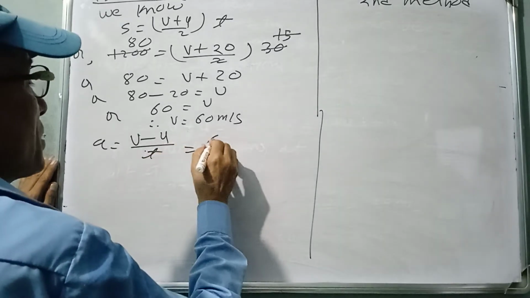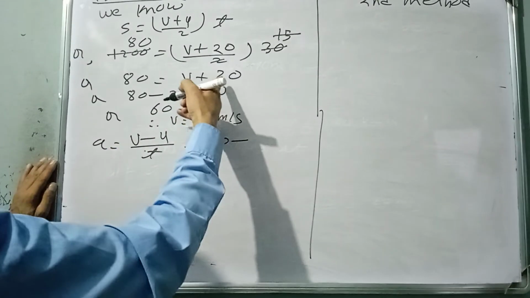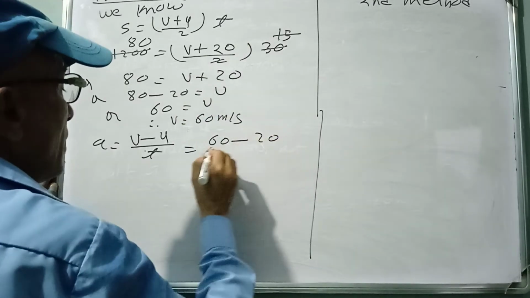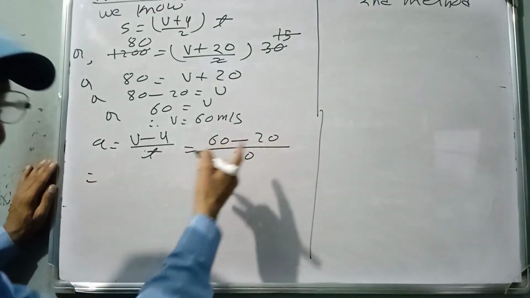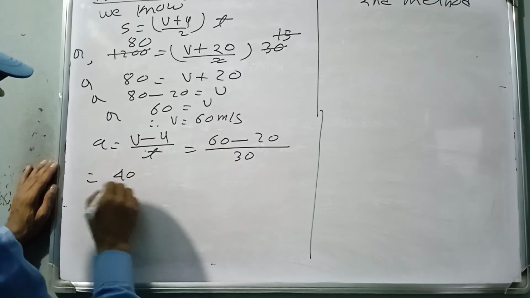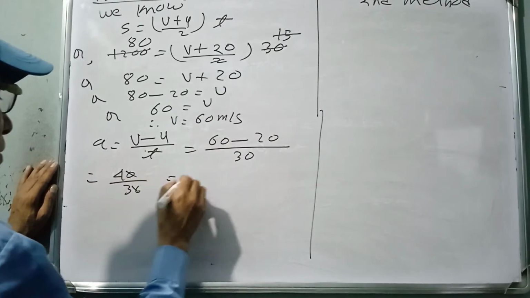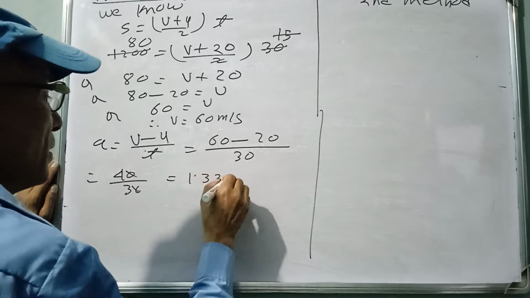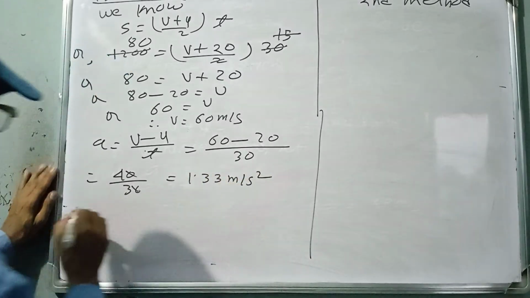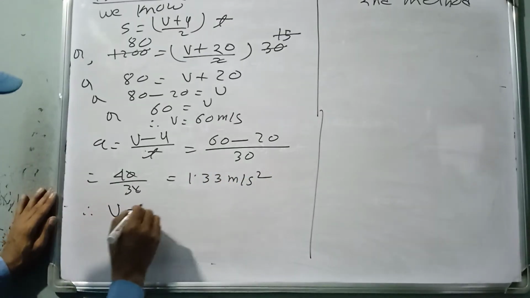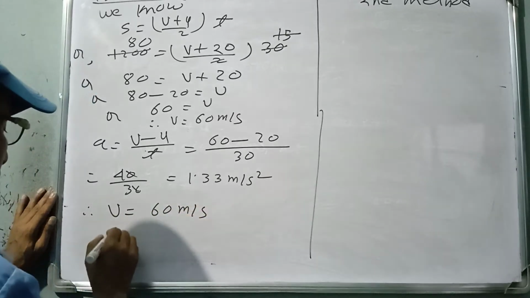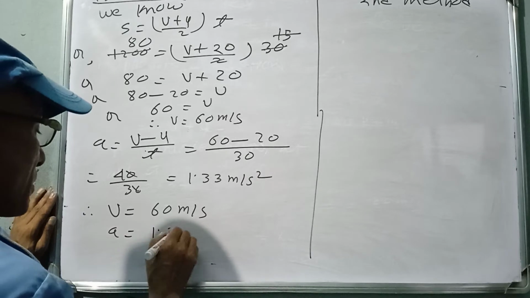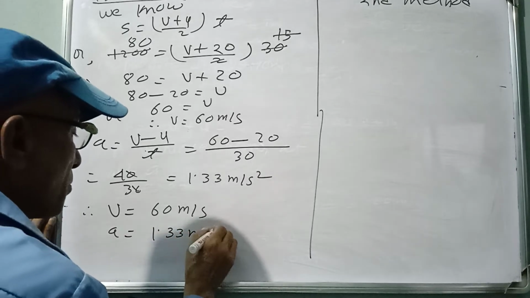V final velocity 60, initial velocity 20 by time taken is 30. 60 minus 20, 40 by 30. Also 1.33 meter per second square. Therefore, final velocity v equal 60 meter per second and acceleration is 1.33 meter per second square.